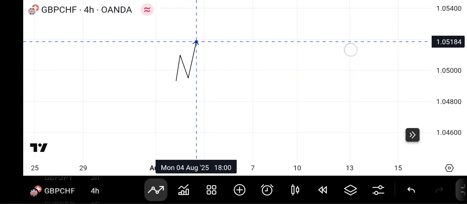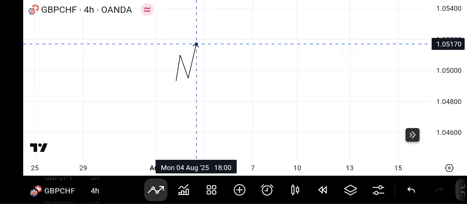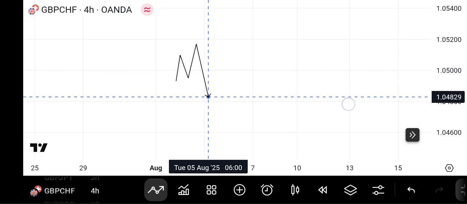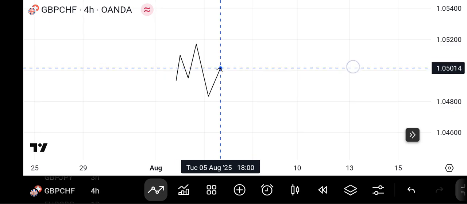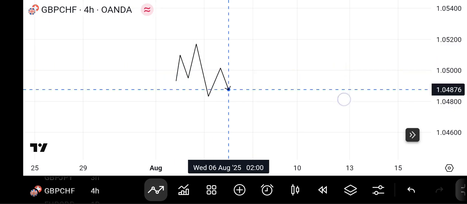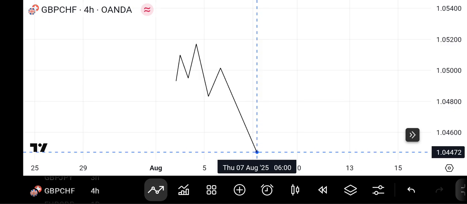Stop hunts, liquidity sweep, whatever you would like to call it. Now impulse. Pullback. Break of structure.